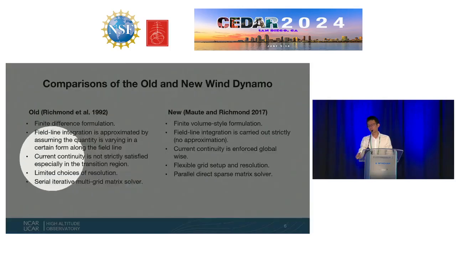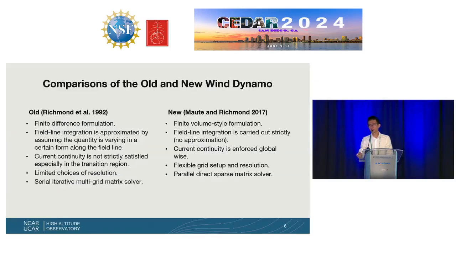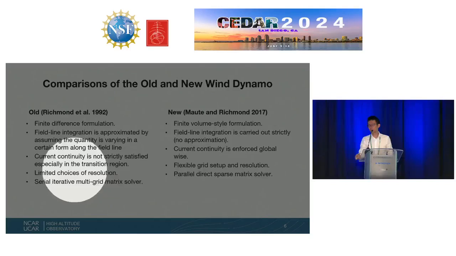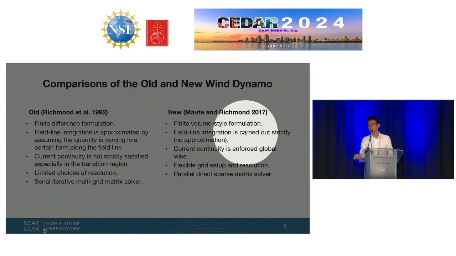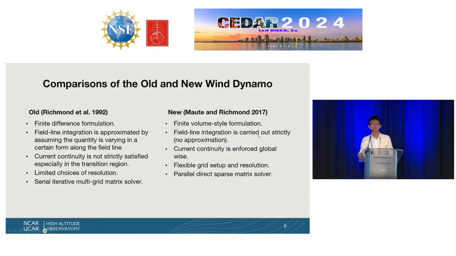That leads to the third point. In the old dynamo, the current continuity is not strictly satisfied in the whole domain, and that is no longer a problem in the new dynamo, since in the new dynamo, the field line integration is carried out strictly without any approximations along the field line, and the current continuity is enforced globally.